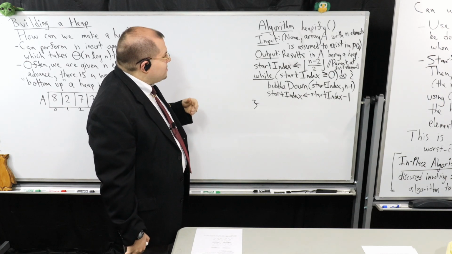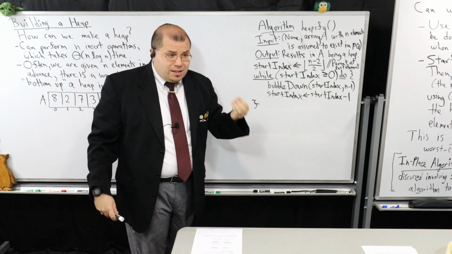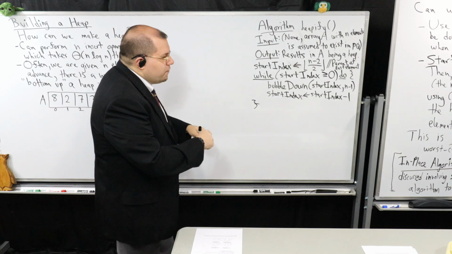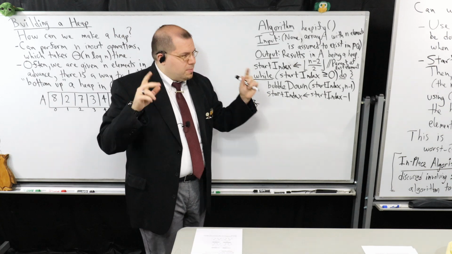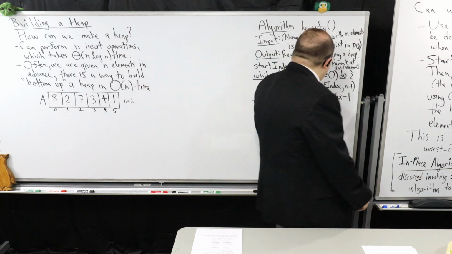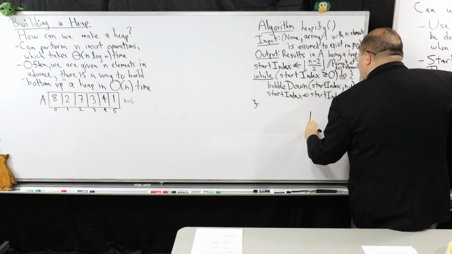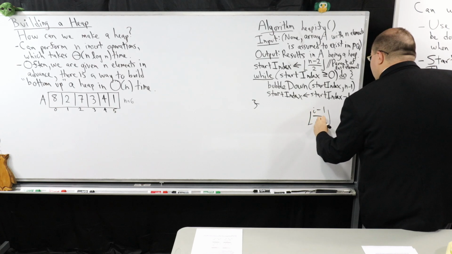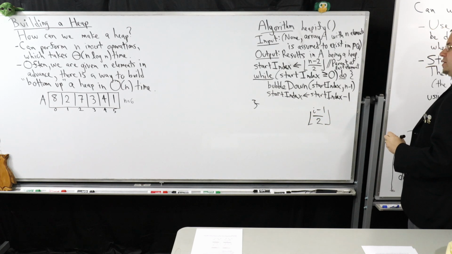Technically this is going to be the position of the parent of the last element. Recall that if I want to compute the parent of a node in the heap, given some position i, the parent is (i − 1)/2.